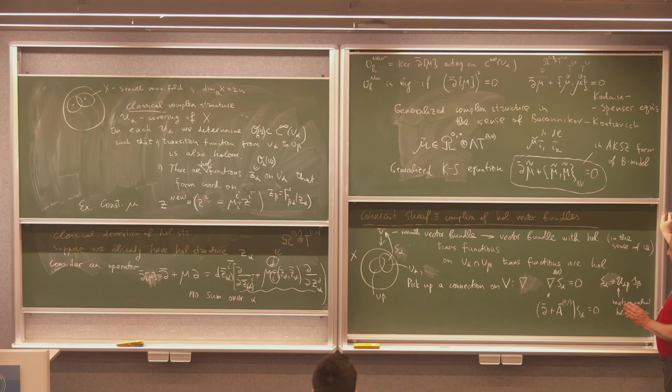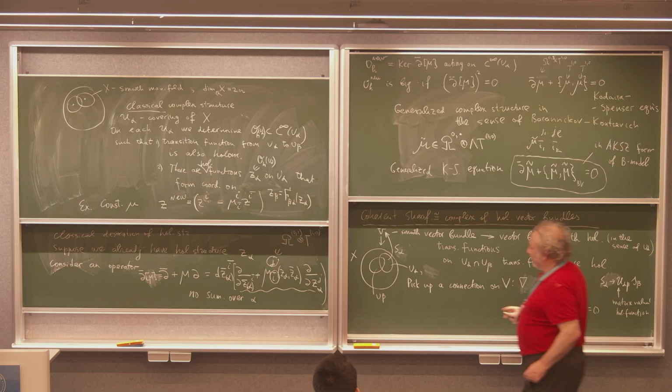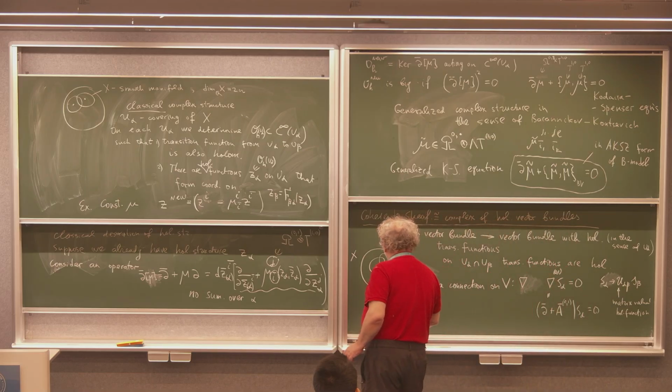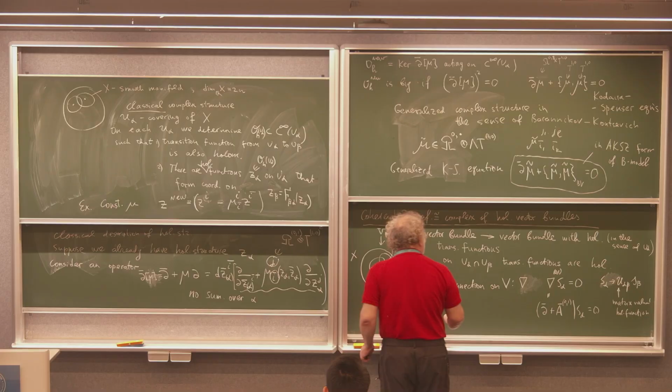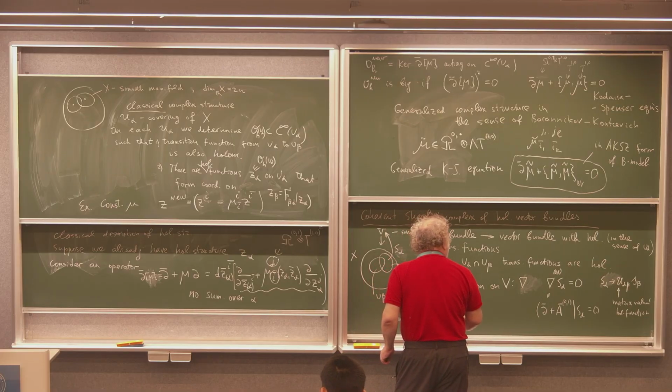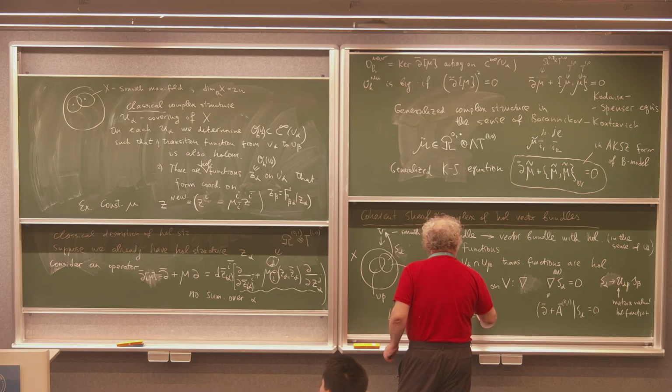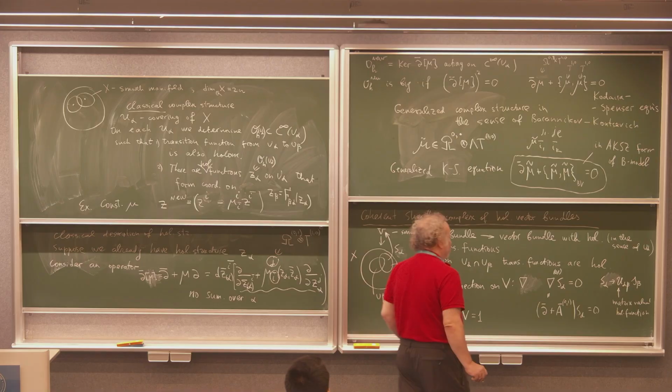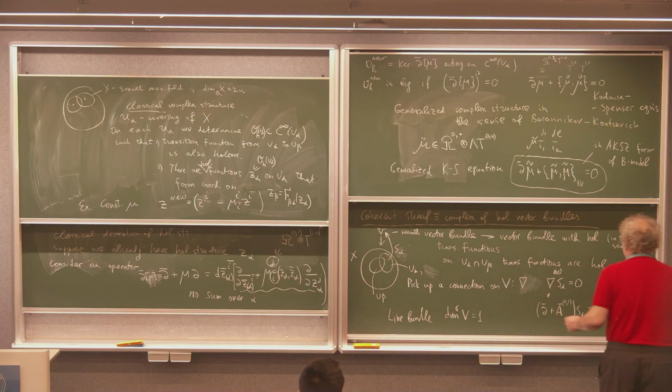Okay, let us consider a line bundle. Line bundle means that the complex dimension of V equals 1. Then it is definitely true.